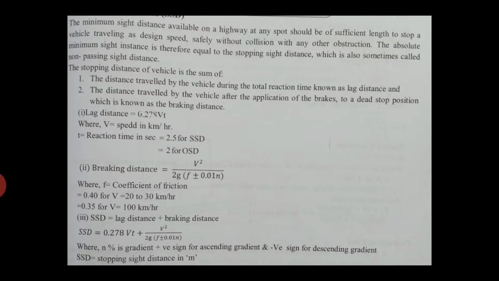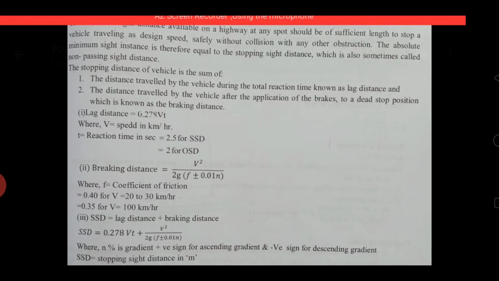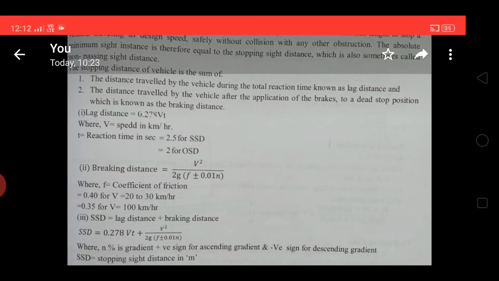So our total stopping sight distance is equal to lag distance plus braking distance, where n is the percentage gradient, whether it is an up gradient or down gradient, whether you are climbing a hill or coming down. If it is an ascending gradient, we take a positive sign, and if it is a descending gradient, we take a negative sign for the calculation. The unit of SSD is meters.